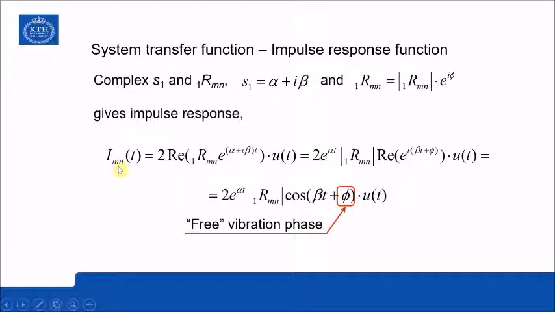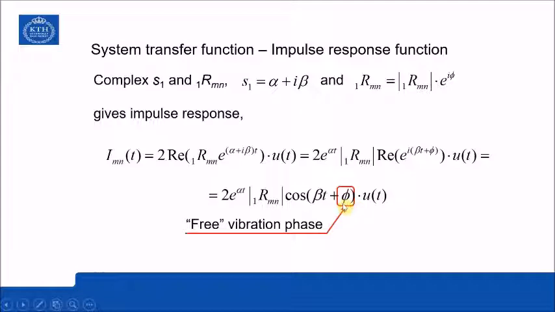For instance, if we now have two observation points with different magnitudes of the residue and different phase angles of the residue, let's say the first point has phase 0 and the second point has a residue with phase pi, then the magnitudes will give us the relative amplitude of vibration in the two points, and the phase angle will tell us the relative direction of vibration.